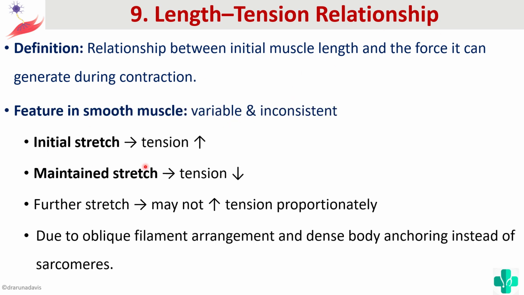Initially, if there's a stretch, the tension would increase. But because of plasticity, when there is maintained stretch, the tension would decrease. And even if there is further stretch, the tension may not increase proportionately. This is because of the oblique filament arrangement and the dense body anchoring instead of sarcomeres. So that is why for smooth muscles, the length tension relationship can be variable and inconsistent.